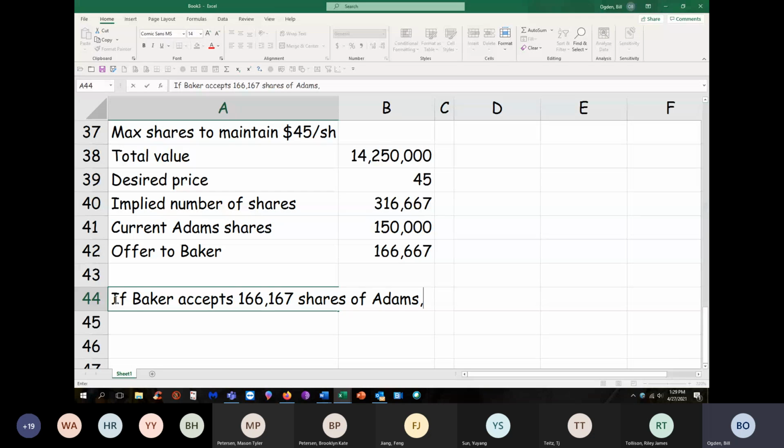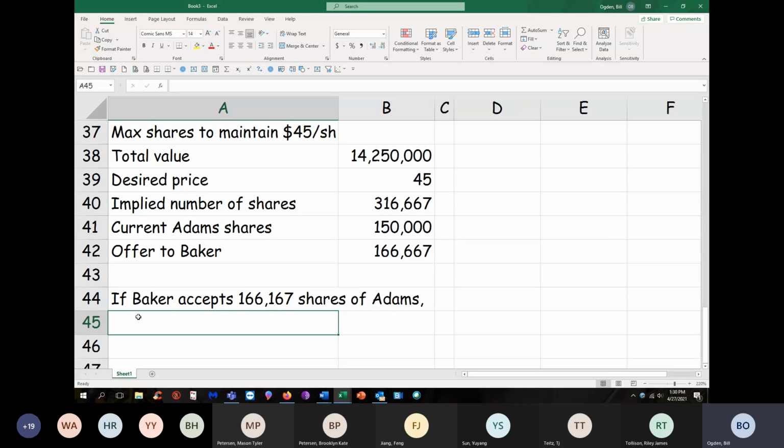What are the wealth effects? The wealth effects to Adams are obvious, right? $45 pre-merger price, $45 post-merger price, no change. All right. What happens to Baker's wealth effects?